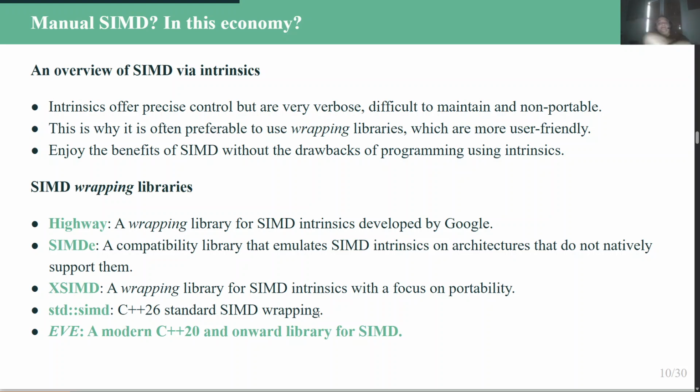I don't know. You have SIMDe, that is just a compatibility layer that lets you write any intrinsic from any extension into any others, and the library just polyfills whatever you miss. So if you have a code using SSE2 intrinsics, you can port it to ARM, use SIMDe, and SIMDe will replace the SSE2 intrinsics by the corresponding ARM intrinsics, and you will see nothing.